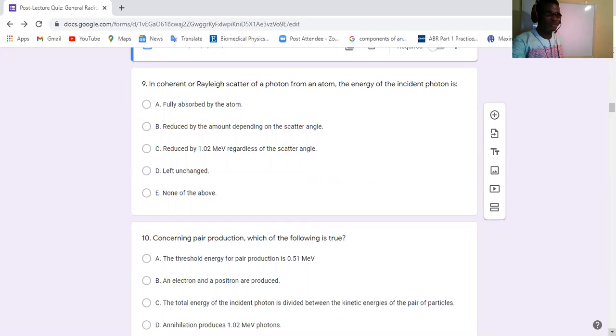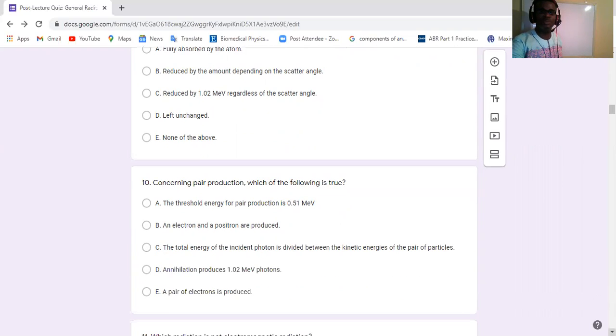But this is a conservative notion. It can never be left unchanged; there will be a little reduction in energy. But in any case, that shouldn't bother us for now, let's just take it.